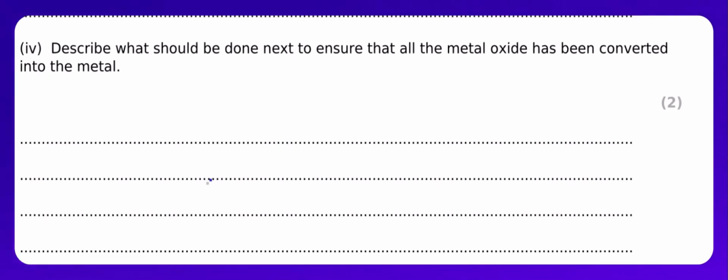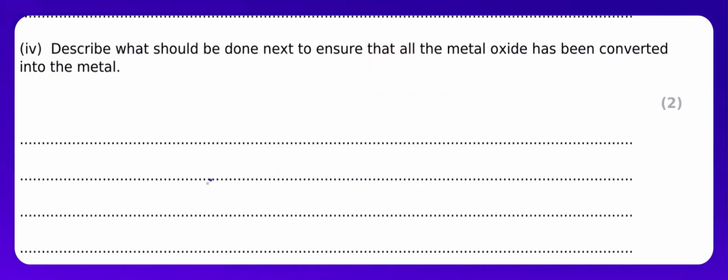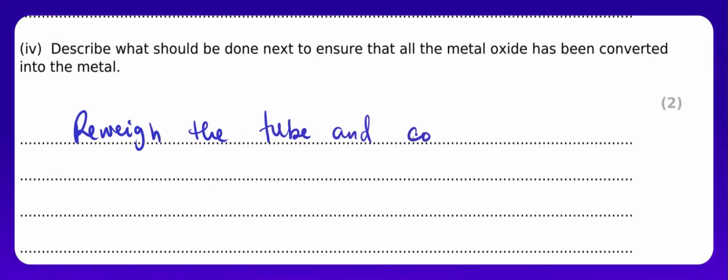So we go to the next part, 4. Describe what should be done next to ensure that all the metal oxide has been converted into the metal. Now, just through the appearance, you'll not be able to tell whether the reaction is complete. So the only thing you need to do is to reweigh the apparatus. So reweigh the tube and contents.